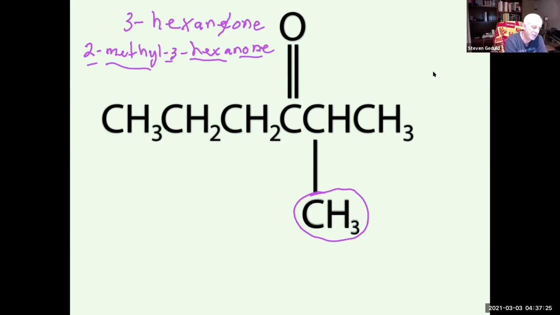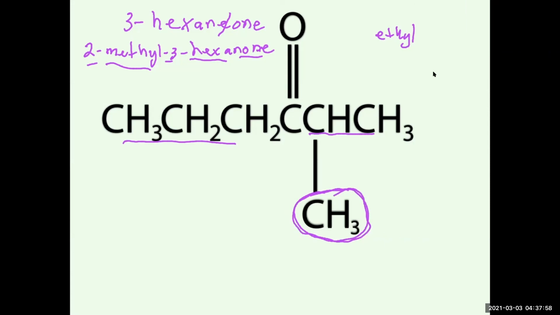Common name, we're going to name the attachments. This is 2 carbons. This is 3 carbons. 2 carbons is an ethyl group. Okay, so that would come first. And our attachments, so this is ethyl. And what's attached to it? We have a methyl group. So what number carbon is that methyl group attached to? 2.